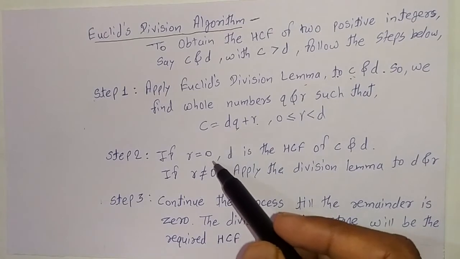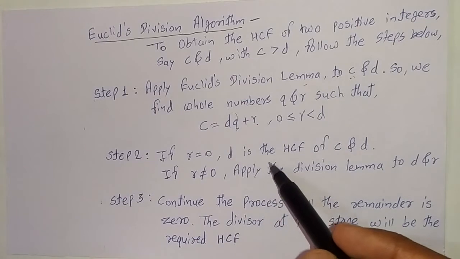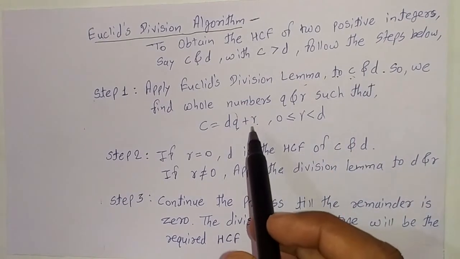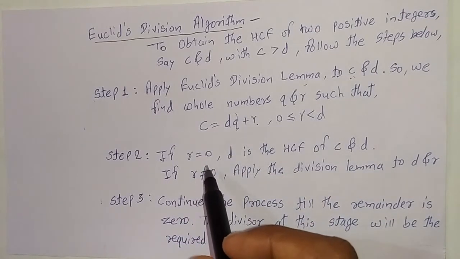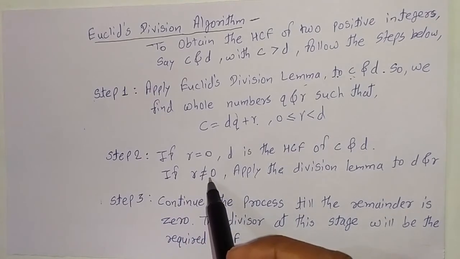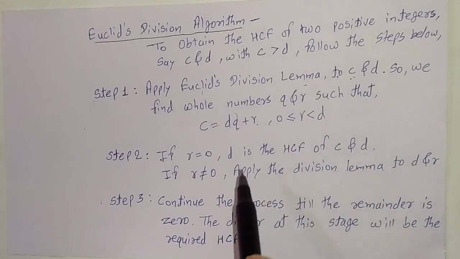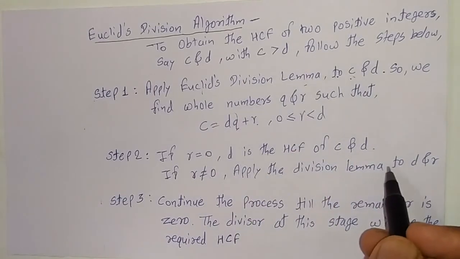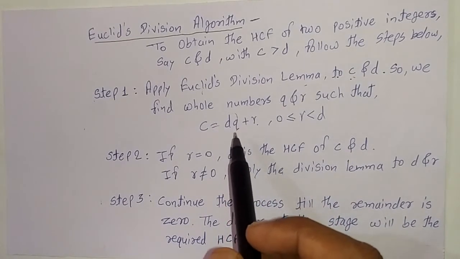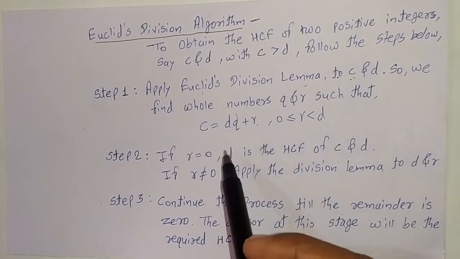Otherwise, if R equals 0, then D, the divisor in that step, will be the HCF of the given two numbers C and D. But if R is not equal to 0, then we have to apply Euclid's division lemma once again to D and R. Remember that in the second step the divisor becomes the dividend and the remainder becomes the divisor.